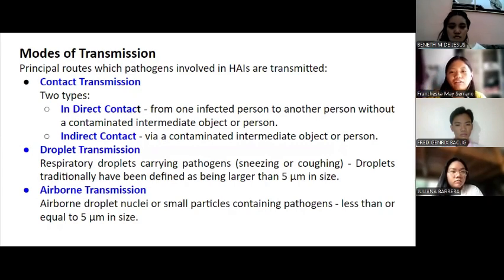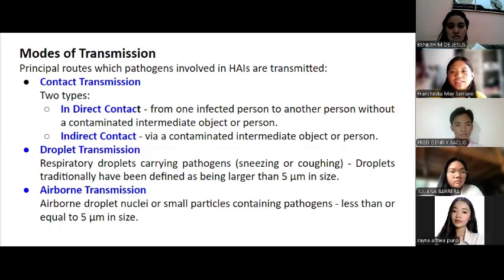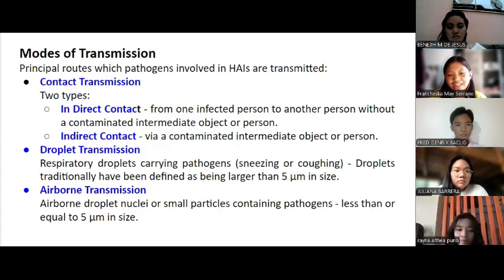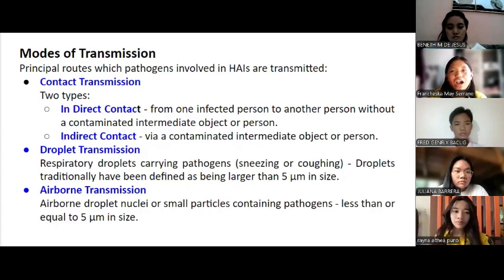Like, kunyari ako, infected ako, tapos na-infect ko agad si Beneth. That's direct. Kasi there's no need for another person or an object na contaminated in order for her to be infected.